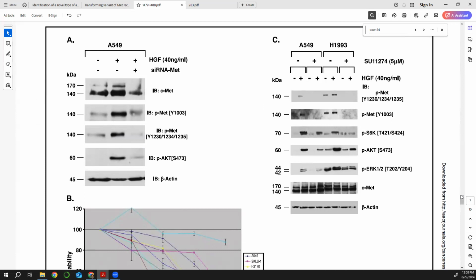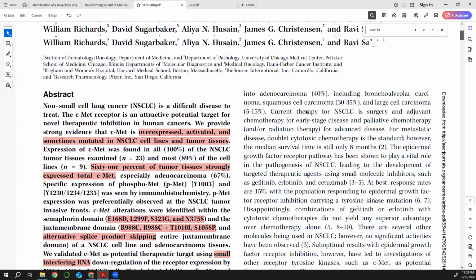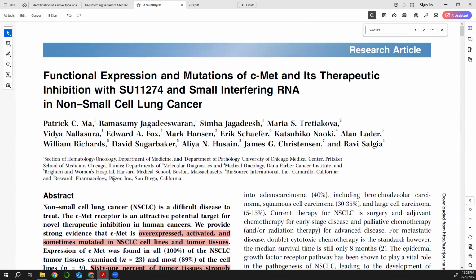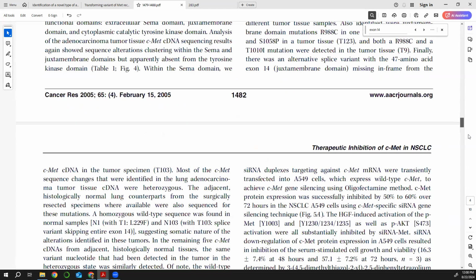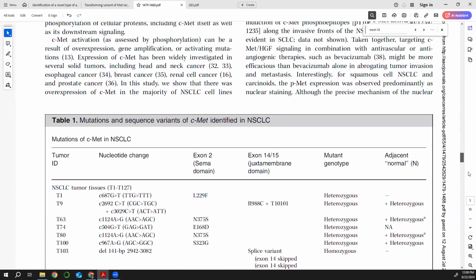So this study includes Pfizer, and I'm sure that they are especially interested in understanding not just MET biology and the MET mutations, but also whether you can target it. Okay, so let's see what they found.